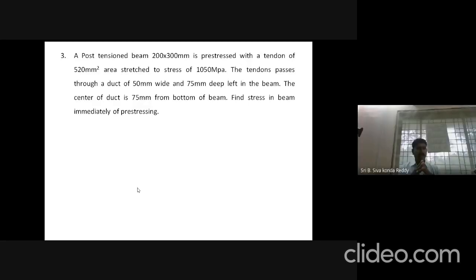The center of duct is 75 mm from bottom of beam. Find stresses in beam immediately after pre-stressing.